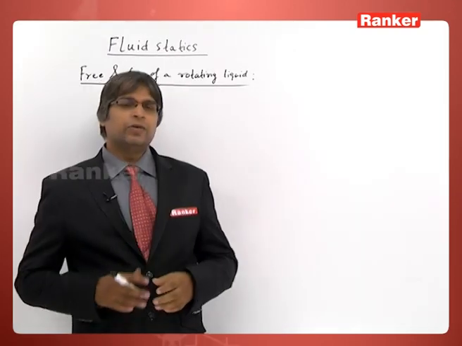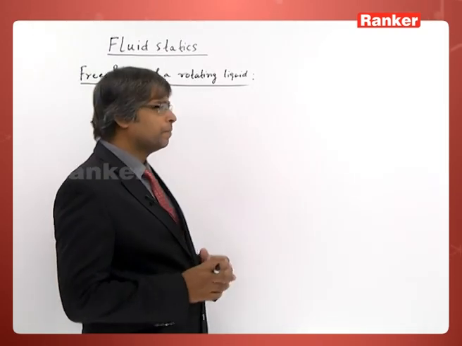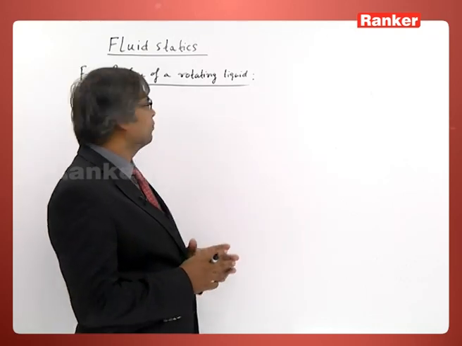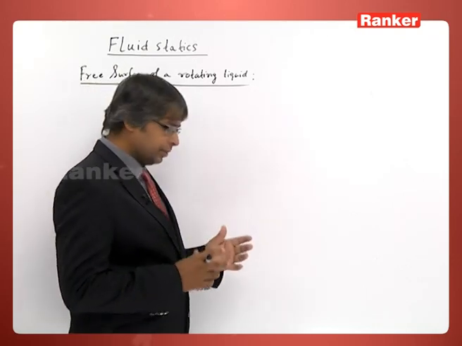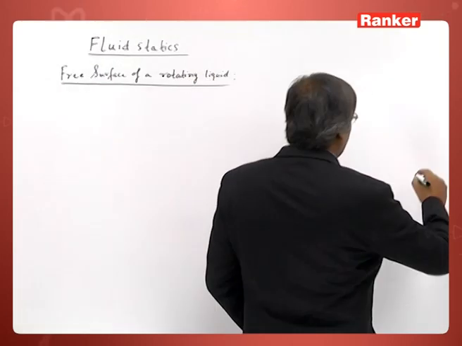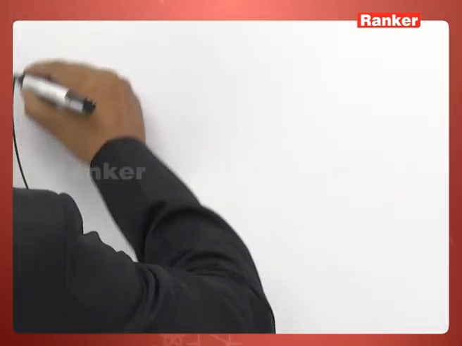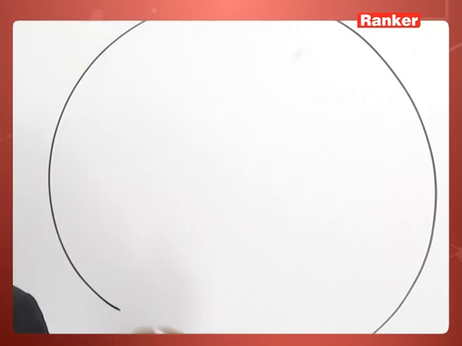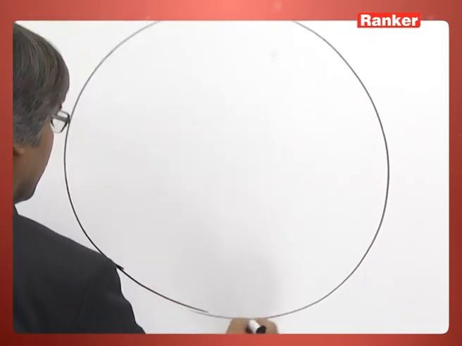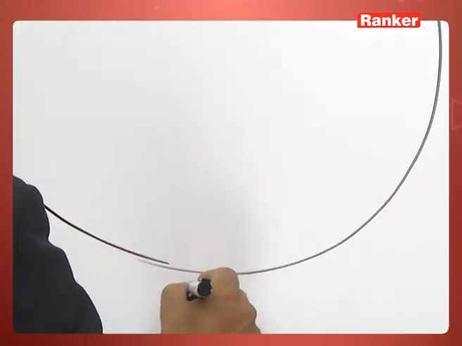Let us see. Now, let us take an example where I am going to use the idea of the free surface of a rotating liquid. So, we have a circular tube in which we have some liquid.